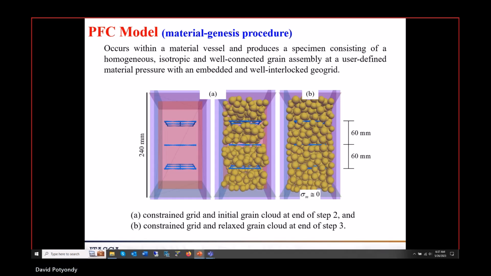Then the question became, how do we pack that geogrid into the aggregate base? This is a complicated process. The best way would have been to do it like they do in the real roadway: you take a bunch of aggregate, drop it under gravity, and it sits there and comes to equilibrium.